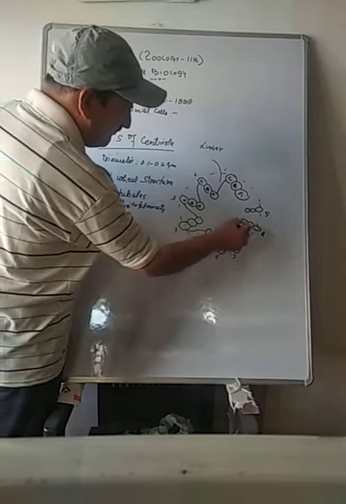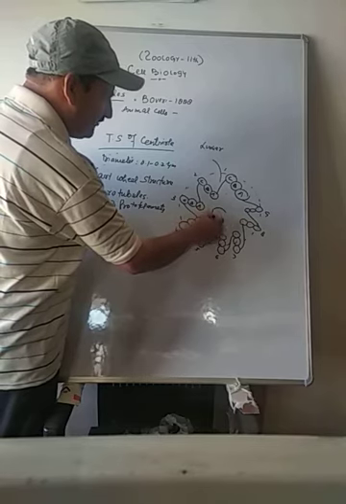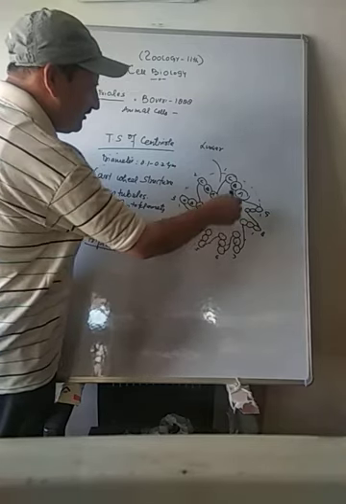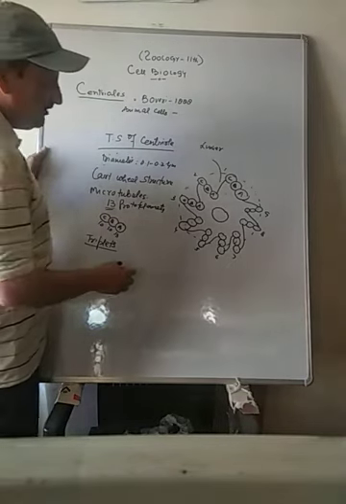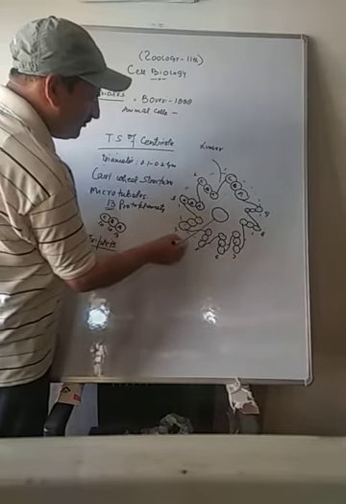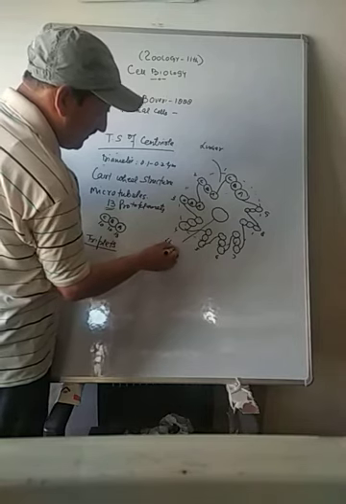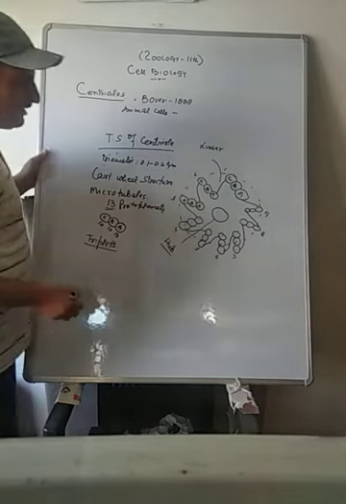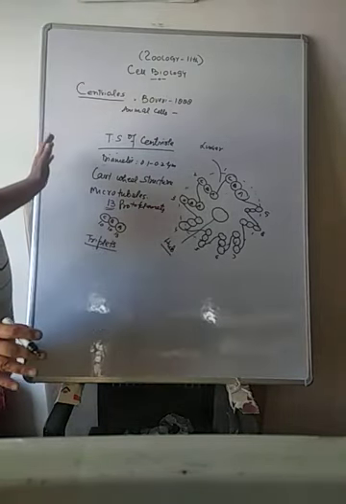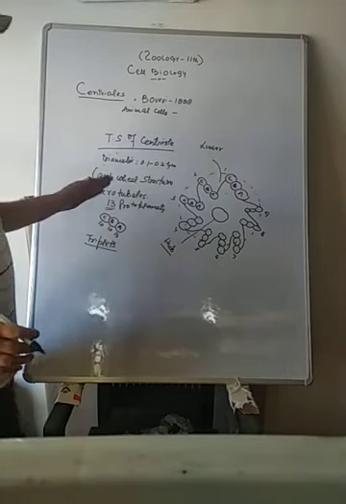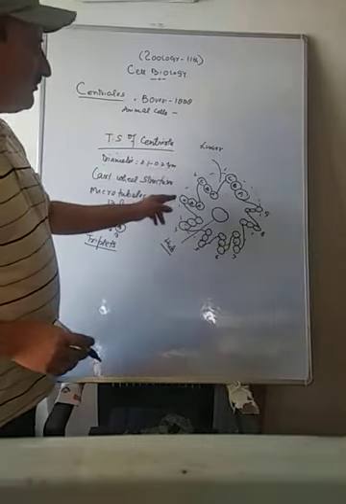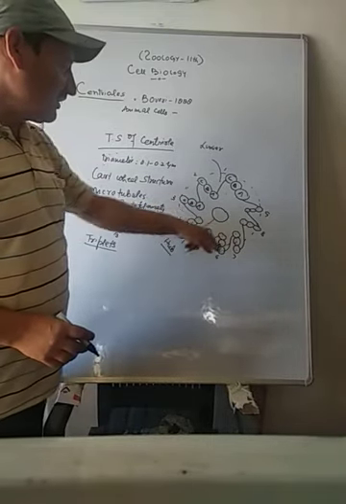Now the center. The center has a cytoplasmic circle, but there is no centriole in it. There is no microtubule in it. It is called the hub. Black means there is no microtubule here. So 3 microtubules in 9 triplets are here.